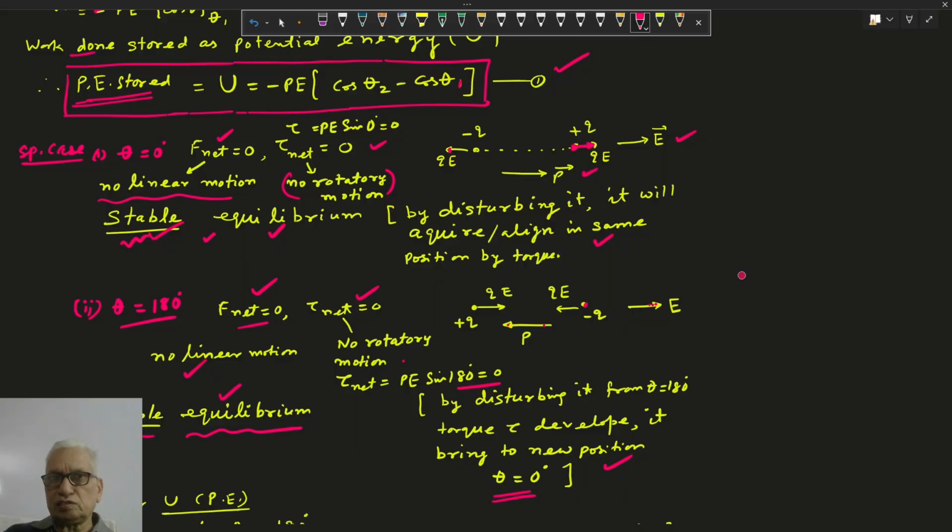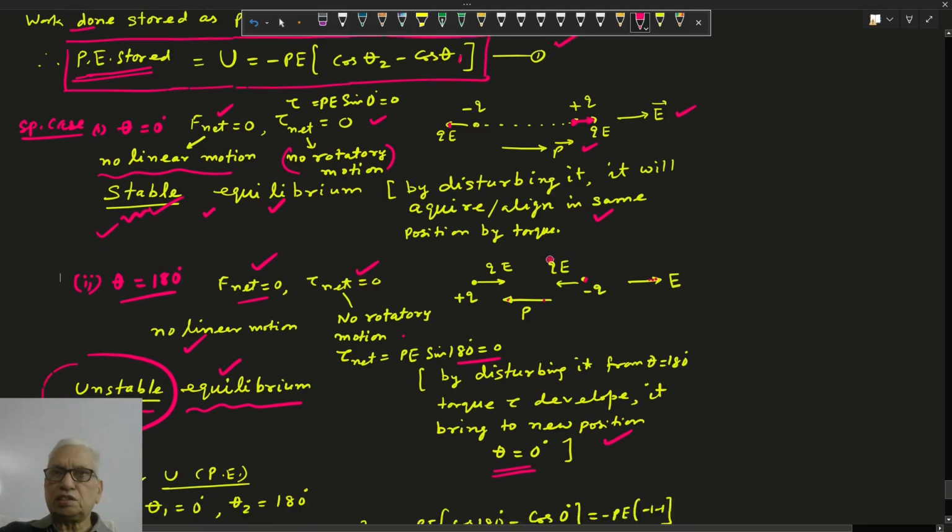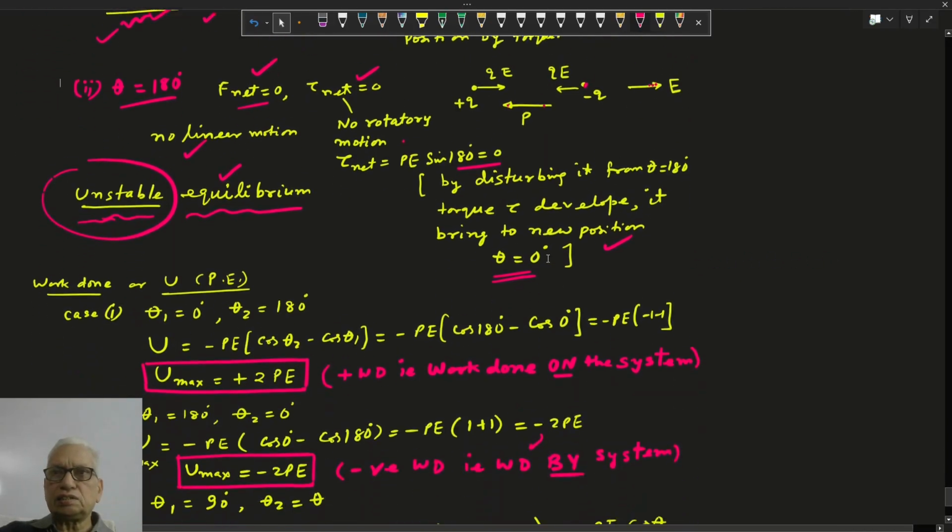So this equilibrium is called unstable. Theta 0 is called stable, because on disturbing it acquires its position again. Here the position changed from unstable to stable, even by a small disturbance. So theta 0 is stable equilibrium, theta 180 is unstable equilibrium.